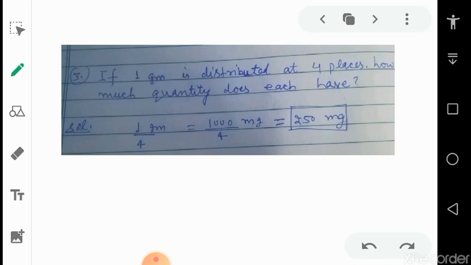So as we are distributing at 4 places, we will divide this by 4. Now gram is converted into milligram, that is 1000 milligram, and we get 250 milligram. Again, milligram is a very small quantity, but you can see its magnitude is very high as 250. So 1 gram is distributed at 4 places, each one with 250 milligram.